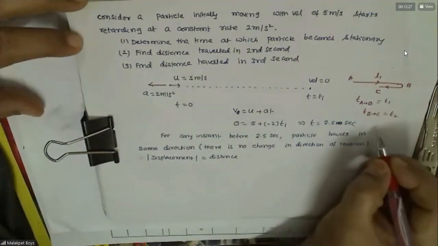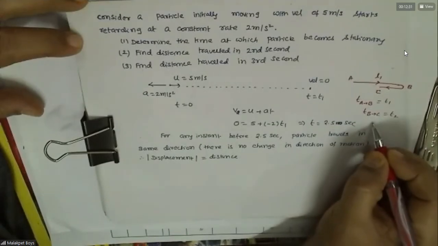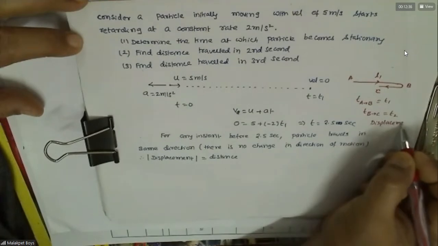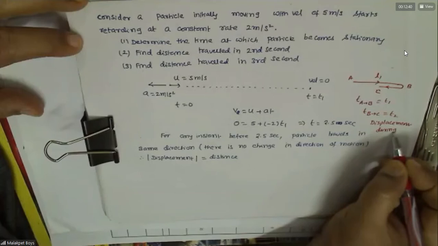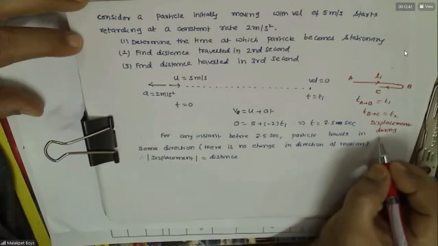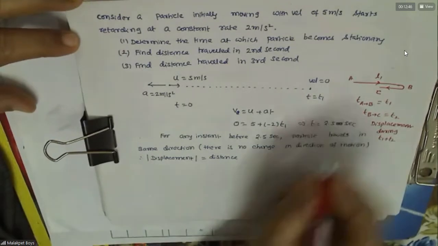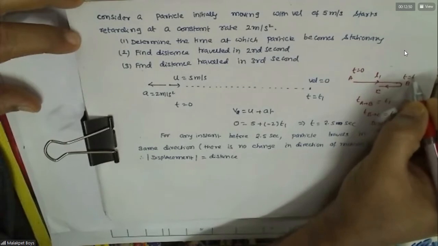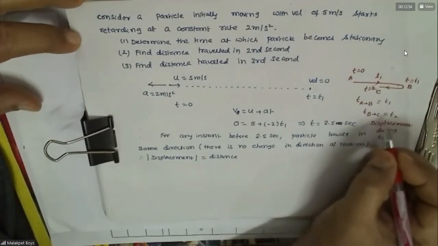Okay. Now displacement, if you take this as t equals 0, then we can directly take like this.